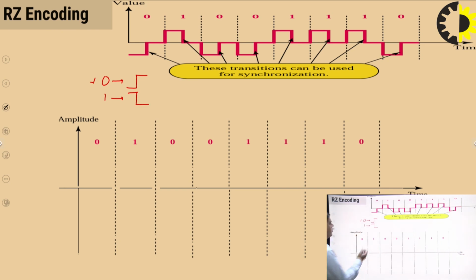And here, for example, first of all, 0 is encountered. Then it will be like this. Now 1 is encountered. For 1, we have to take from the upper side, from 0 to 1, like this. For 0, again we have to take from the bottom side.